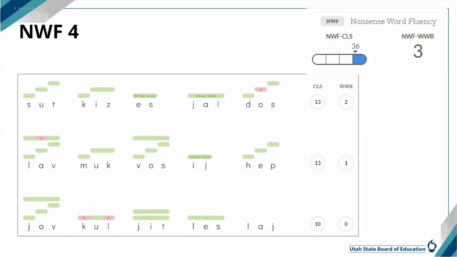So for example, in the word lav, the student correctly segmented it, and then when they blended it, they did the incorrect vowel sound. So you want to be able to capture exactly what the student is saying so that the teacher can best know how to provide interventions and support for that student to improve their score.